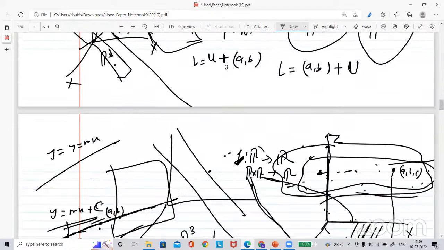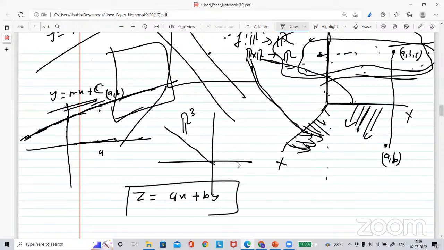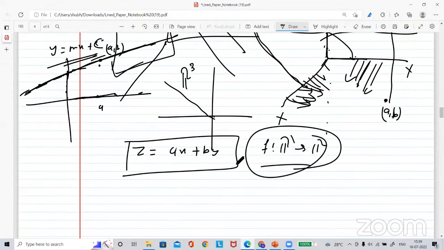Suppose once you calculated the tangent line of this function, let's say z is equal to ax plus by. You calculated it. This is your tangent line for any function. So now what is going to be the corresponding subspace for this?